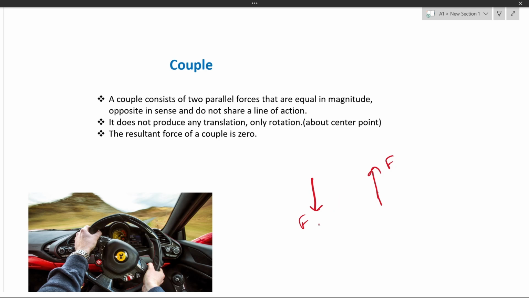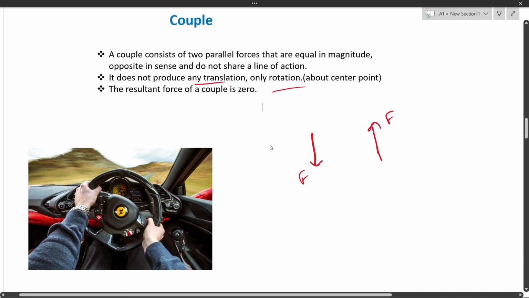One thing about a couple is it doesn't produce any translation. If one couple is acting on a body, it won't move. It will rotate, but it won't move in x or y directions. So that's why the resultant force of a couple is zero.